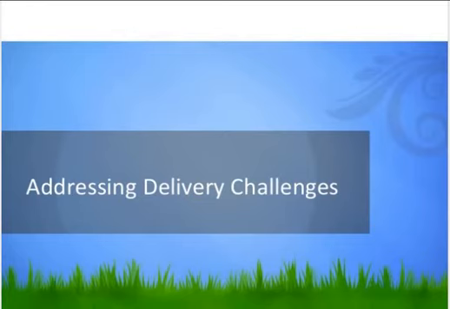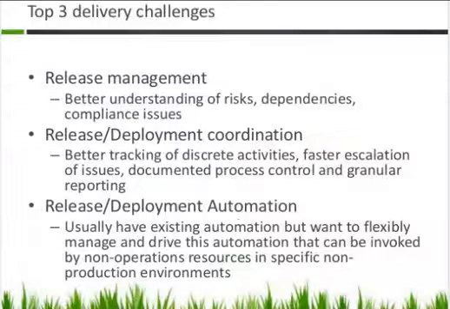Okay, so now let's come to the picture. Why exactly does DevOps come into the picture? Because of addressing delivery challenges. There are different kinds of challenges that appear. That is why development operation roles come into the picture. First one is managing the release, then the deployment coordination, and the third one is deployment automation.